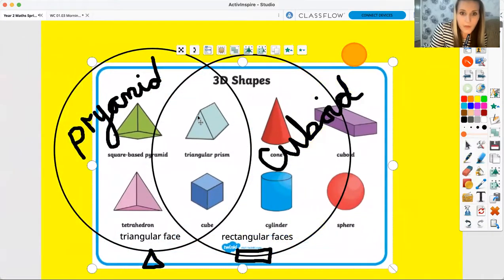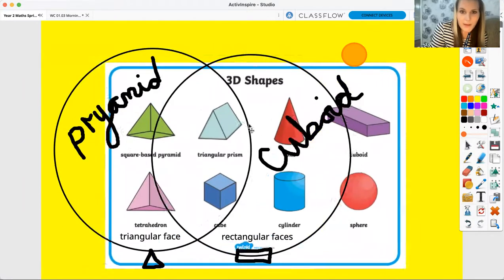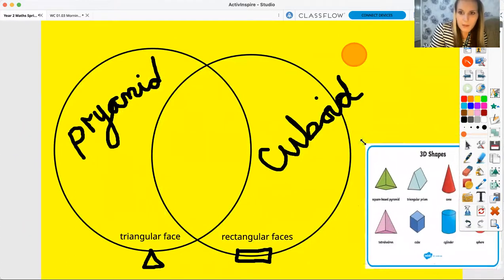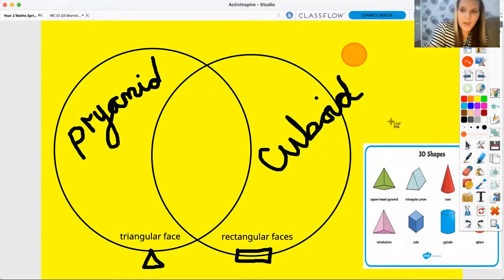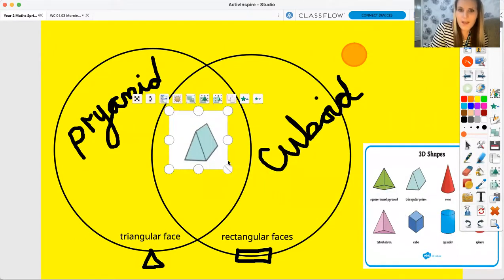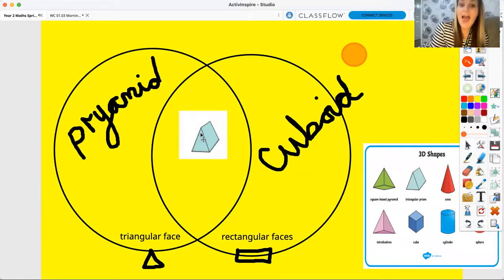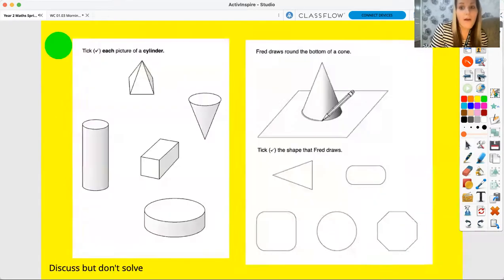Oh, look, that triangular prism has a rectangular face. Now, Miss Warren's going to be cheeky. I'm not going to write it out. I'm just going to be very sneaky and snip a picture of that and pop it in the right place. So I'm going to pop my triangular prism in the middle there. Okay, so it has a rectangular face and a triangular face. That's how Venn diagrams work.